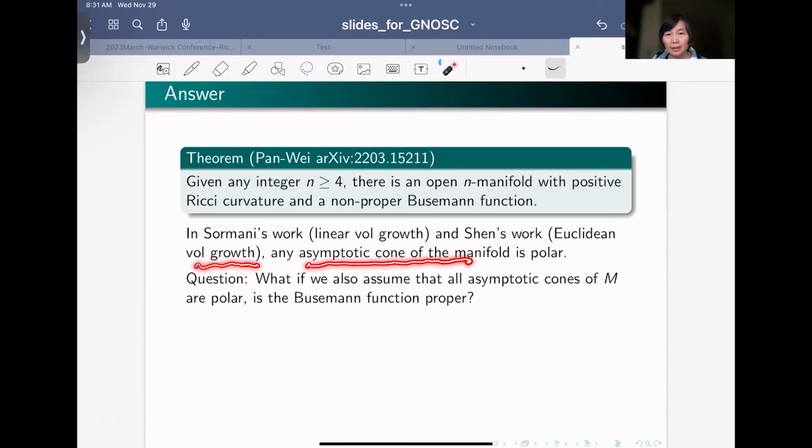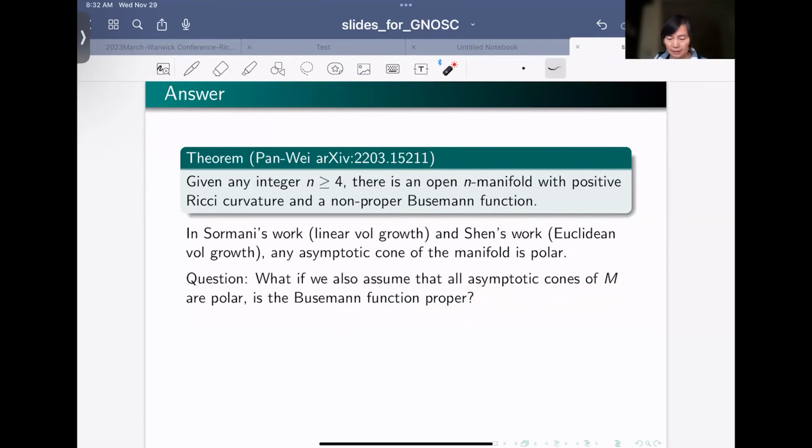So you can ask, what if you assume all the asymptotic cones are nice, namely like a polar? Does that imply the Busemann function is proper? Because that's the case in the positive results. So will this be true?